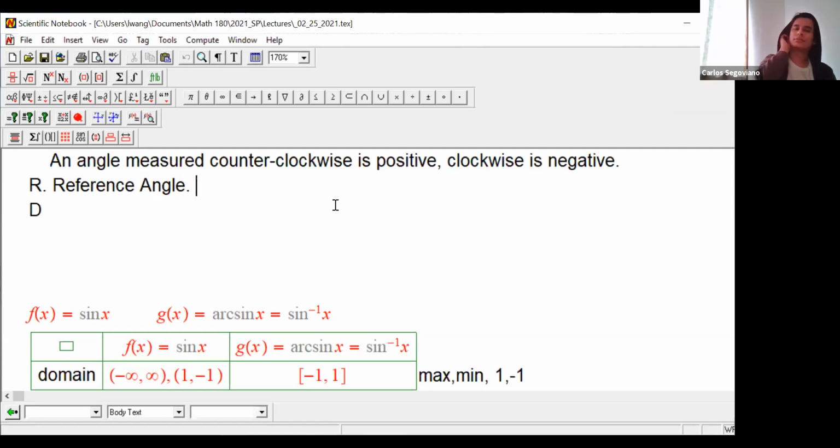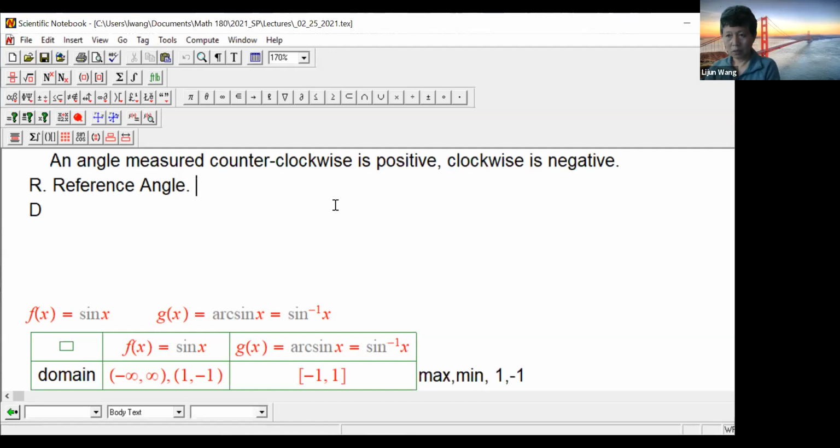You didn't finish that sentence. Reference angle is the measurement from the x-axis that is positive. So what have you studied, right? Any trigonometry textbook would tell you what a reference angle is in a very precise definition.